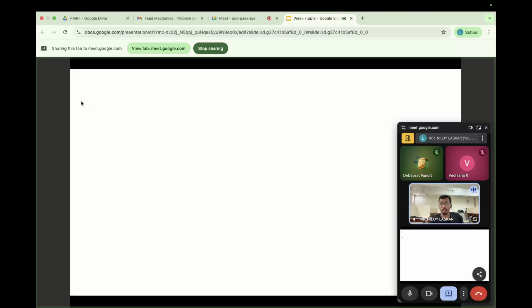Say this question I am writing here for you. For a water droplet of 2 mm diameter. So a water droplet is given whose diameter is 2 mm with density rho, where rho is density here.